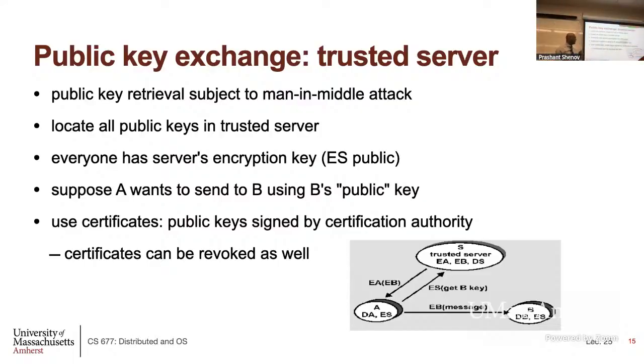So here's what's going to happen. The first thing is you will again need to bootstrap this certification algorithm by storing the certification authority's public key on every system, because you have to verify the signature. The way this is done is that every browser comes with 100 different predefined certification authorities built into the browser.